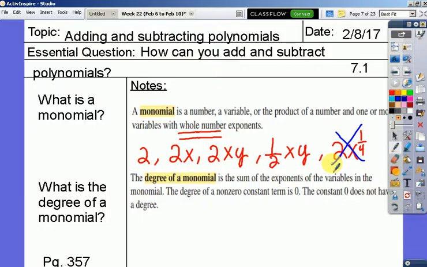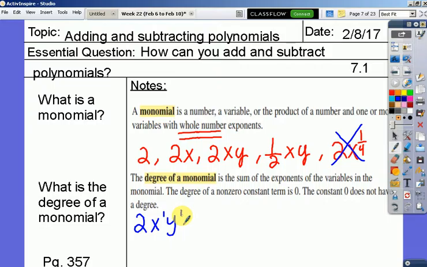The degree of a monomial is the sum of the exponents of the variables in the monomial. So, for example, if we're looking at 2xy, that's x to the first, y to the first. So the degree would be what? Nope. 2. Right.